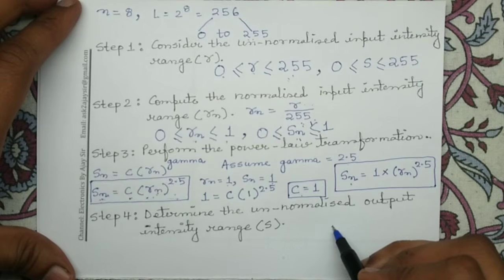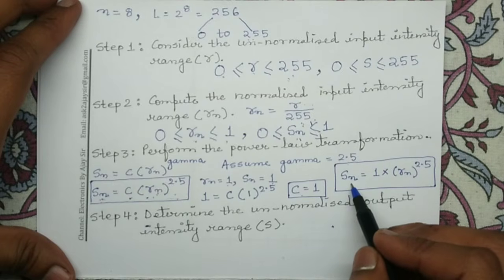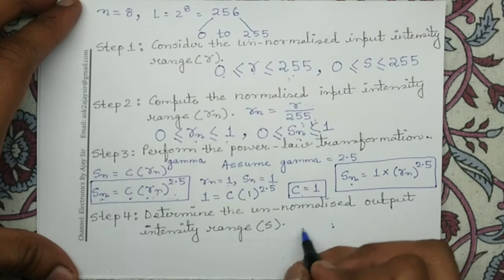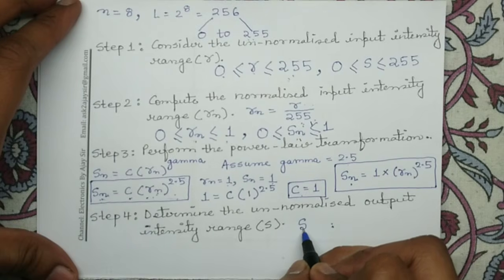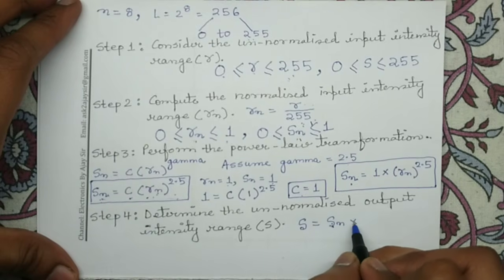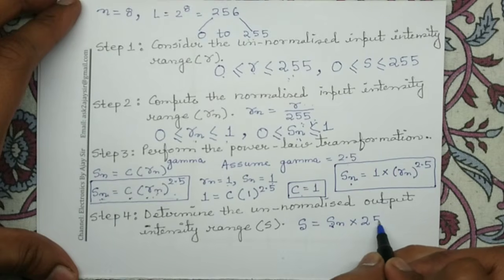And in the last step, we have to convert this normalized output intensity range Sn into unnormalized output intensity range S, and for the same we will perform the simple mathematical equation, that is S equals Sn into 255.